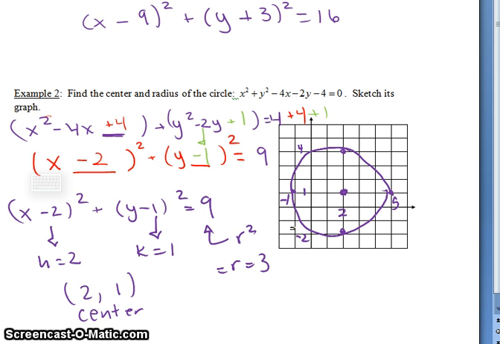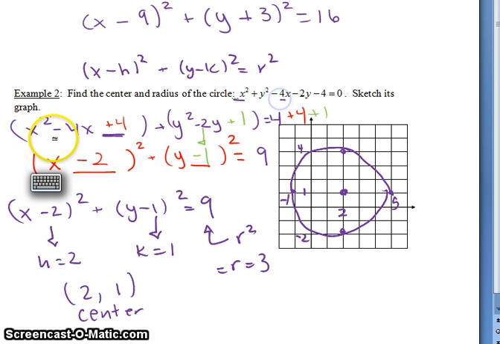Okay, so just to recap this, we had to put this into standard form. And the standard form, remember, is x minus h squared plus y minus k squared is r squared. So I grouped the x terms together and left some space. Then I grouped the y terms together and left some space.